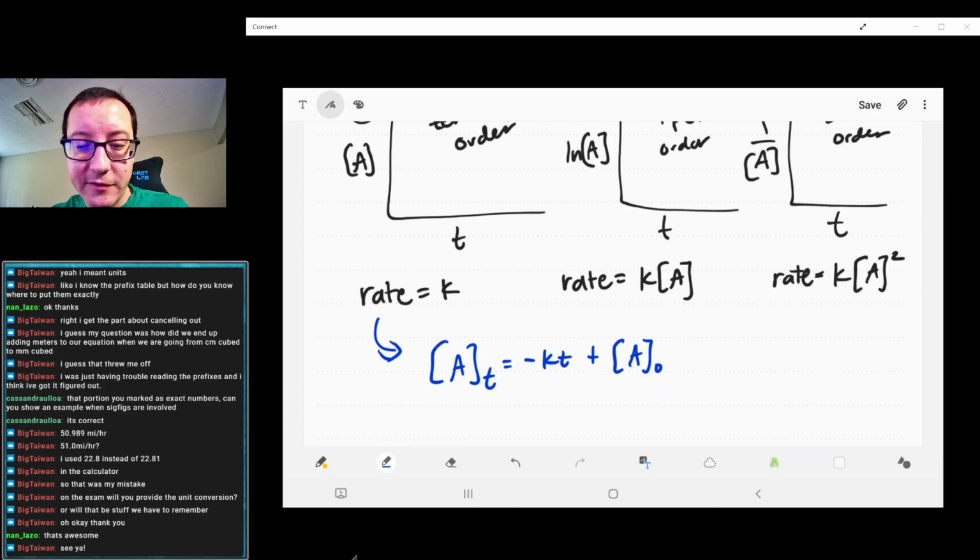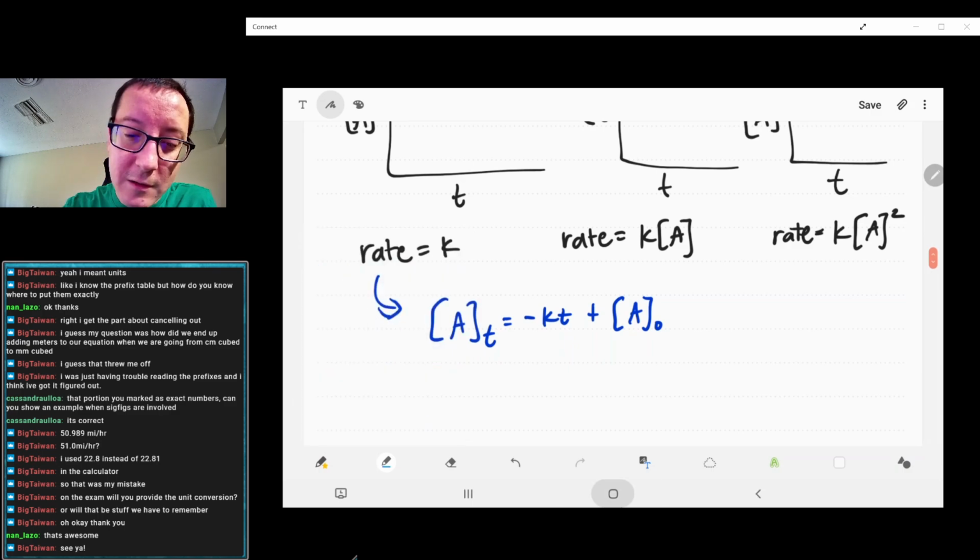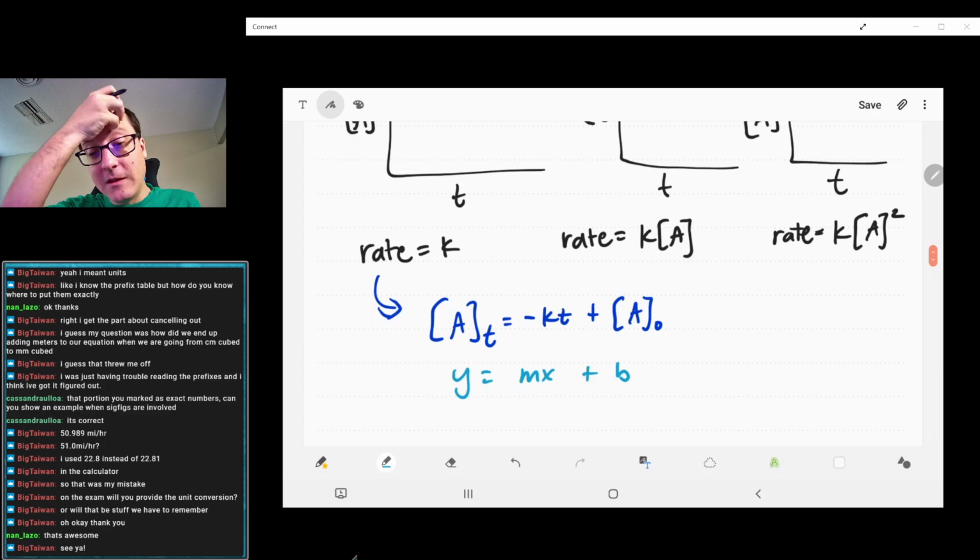So again, we have y equals mx plus b. Y does not have any dependence on concentration. It's just your plain old concentration versus time. Pretty boring. Not as common as first or second order reactions, so we're going to focus on those two a little bit more.